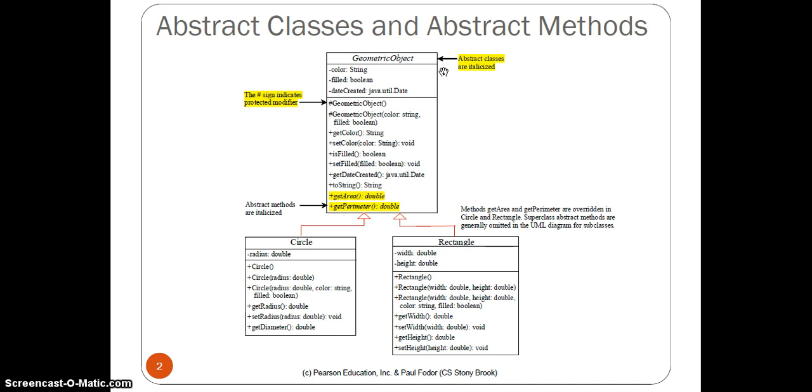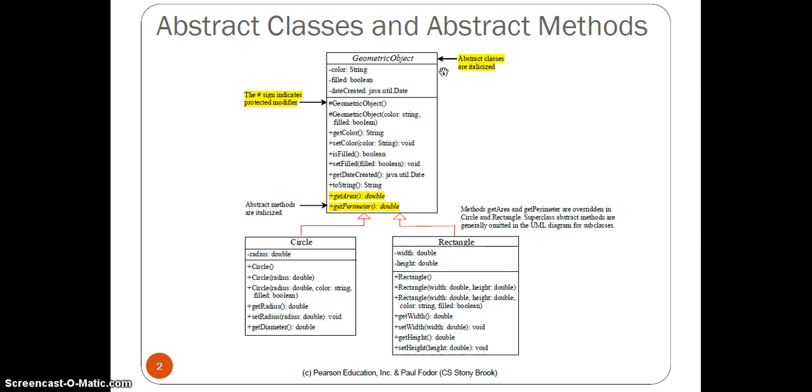And there are specializations that we call subclasses. Circle and rectangle are the subclasses of the geometric object class, and circle has a radius with visibility modifier as private. Similarly, rectangle has width and height as private. Both of them have no-arg and argumented constructors, three each.